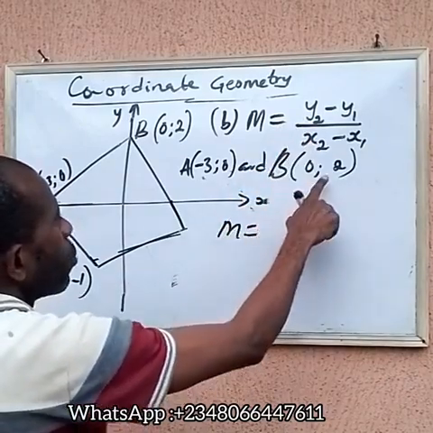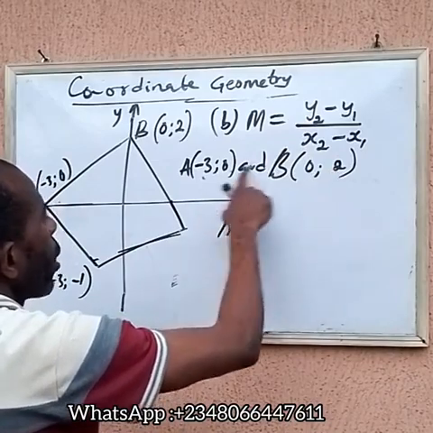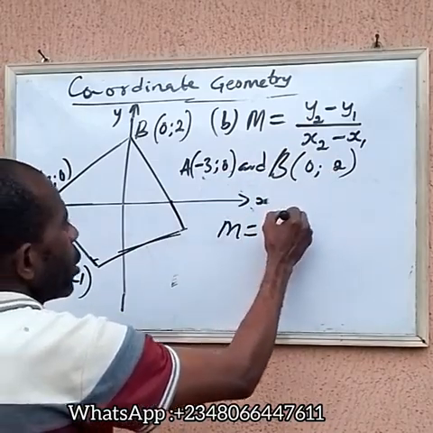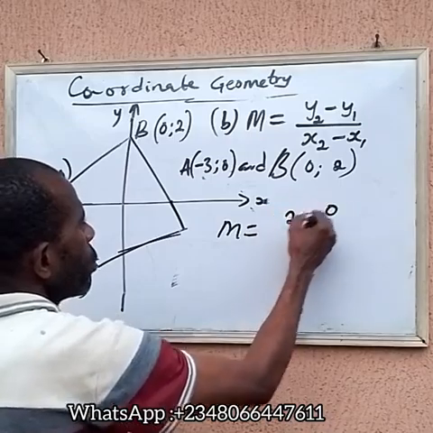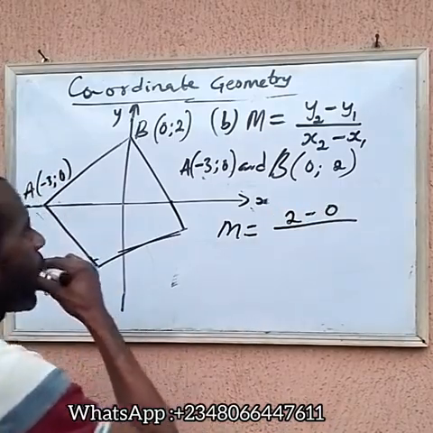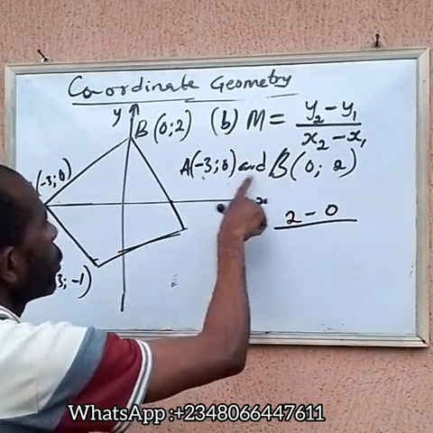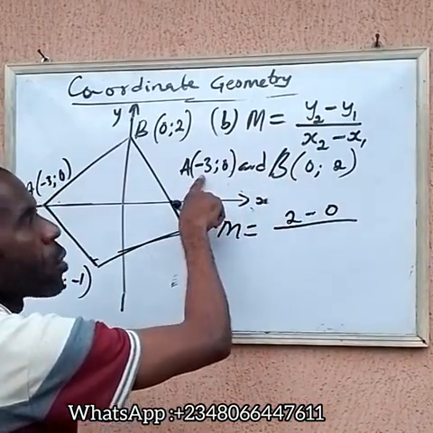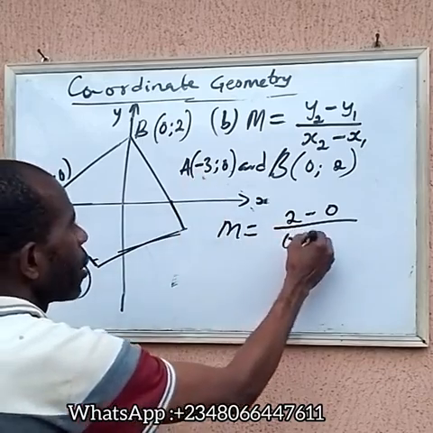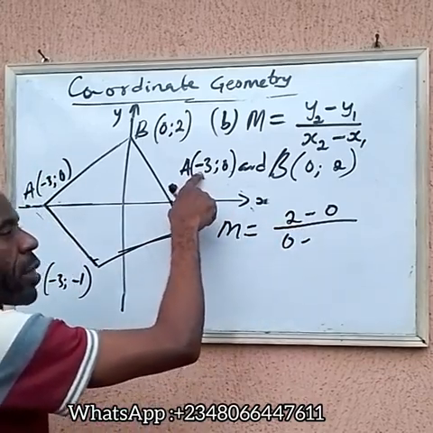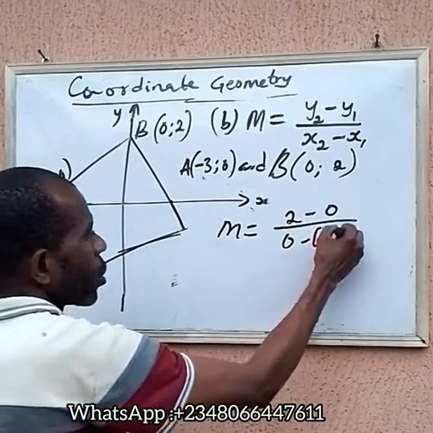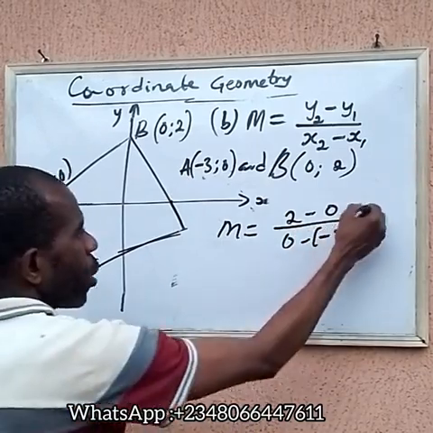What is your y2? y2 here is 2, then y1 is 0. We have 2 minus 0, all over x2 minus x1. x2 is 0, then x1 is -3. So we have 0 minus negative 3. So this gives us equal to what?